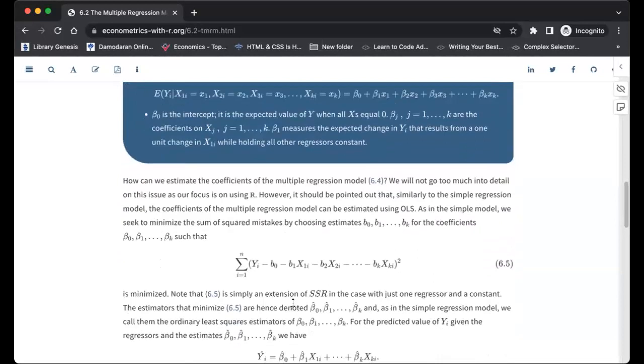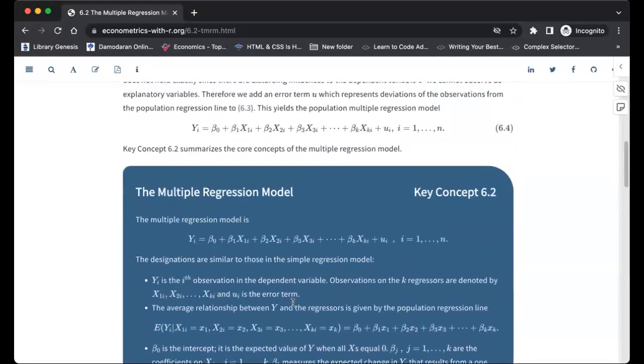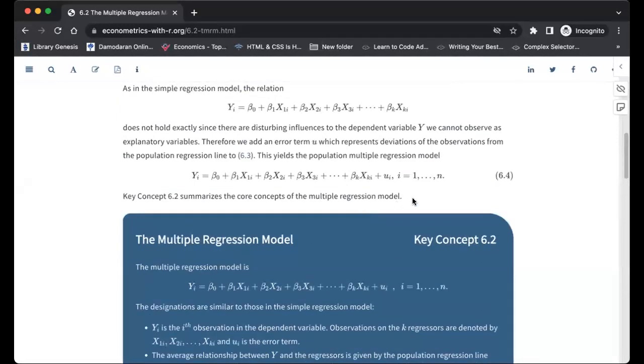So we could use OLS to still estimate this model as we did previously. We could use OLS to estimate 6.4.